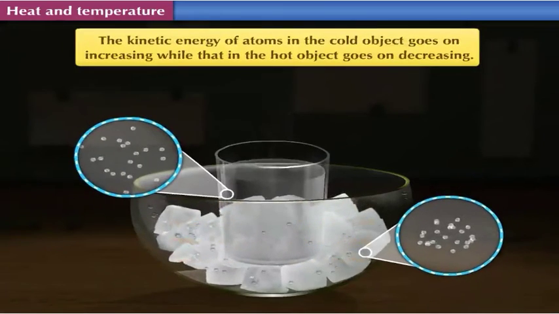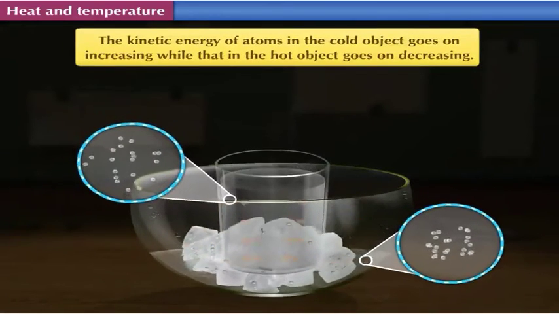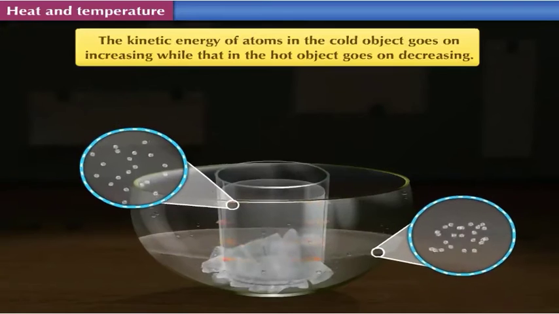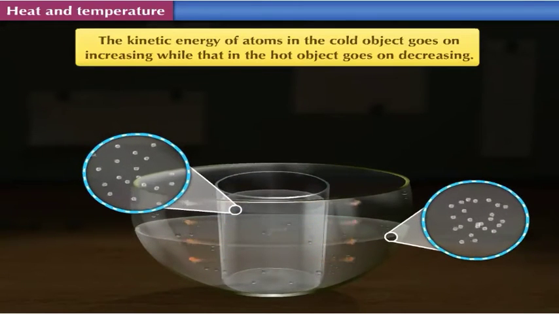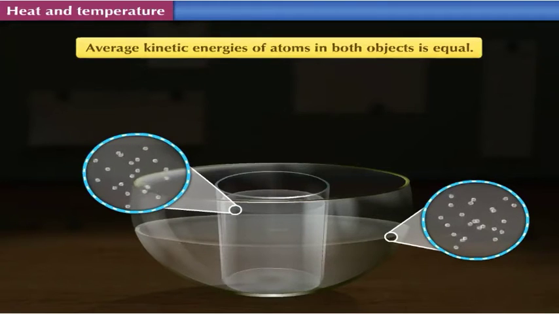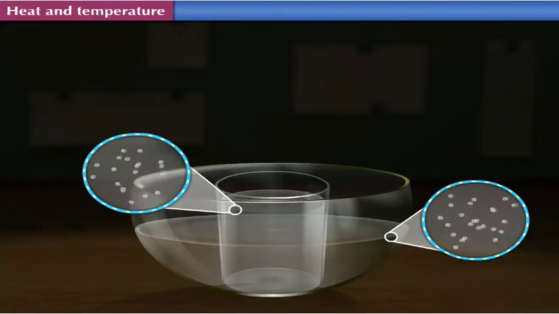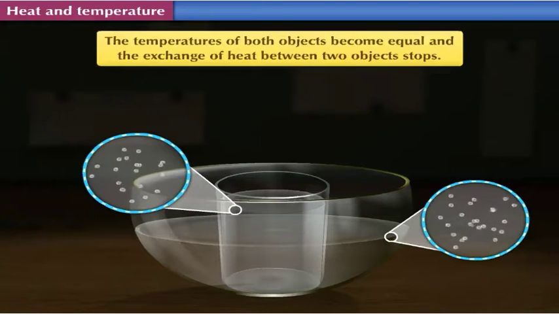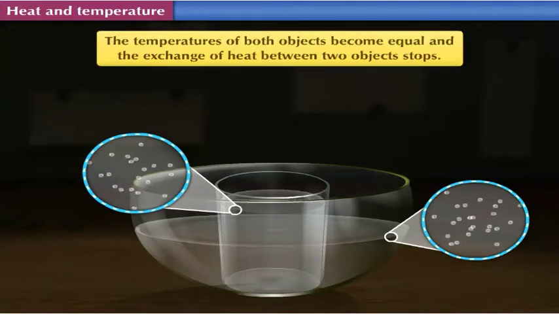Thus, the kinetic energy of atoms in the cold object goes on increasing, while that in the hot object goes on decreasing. This continues, and after a while, a time comes when the average kinetic energies of atoms in both objects become equal. That is, the temperatures of both objects become equal, and the exchange of heat between the two objects stops.